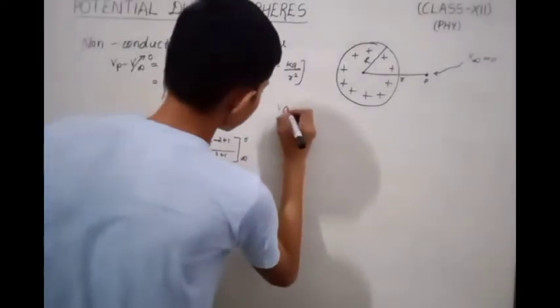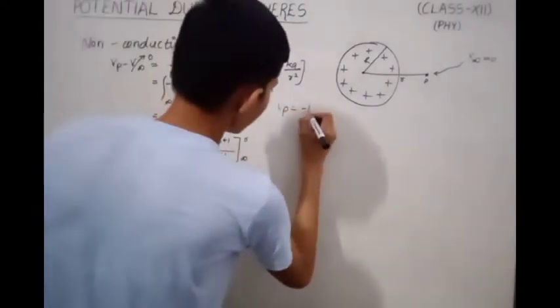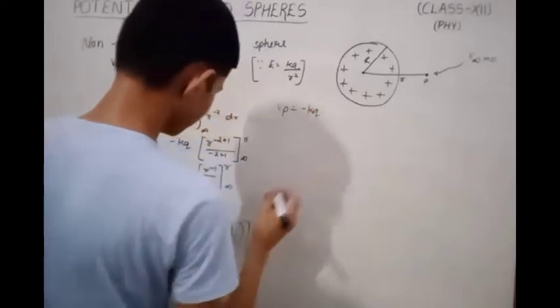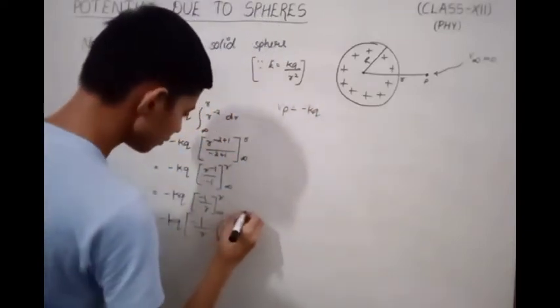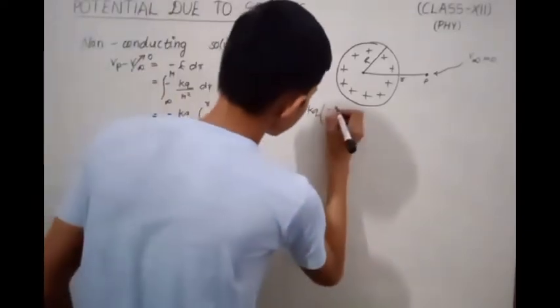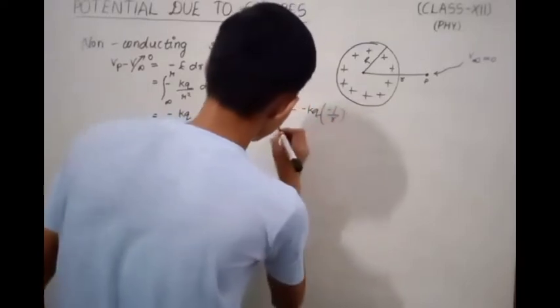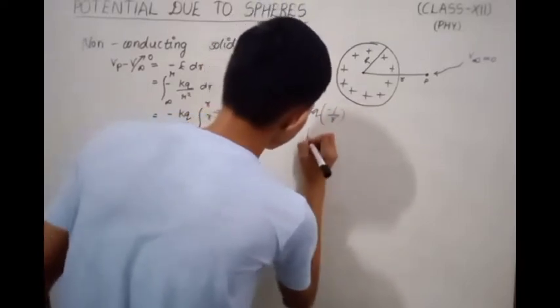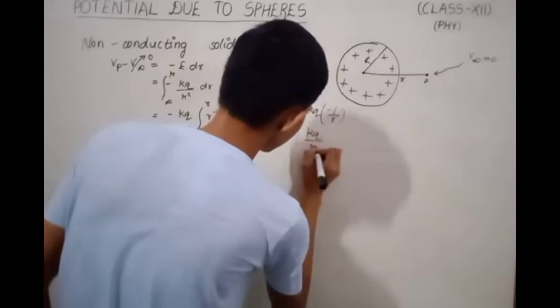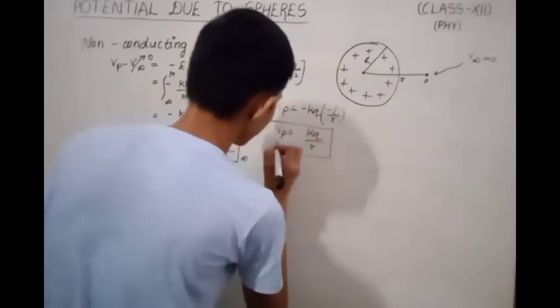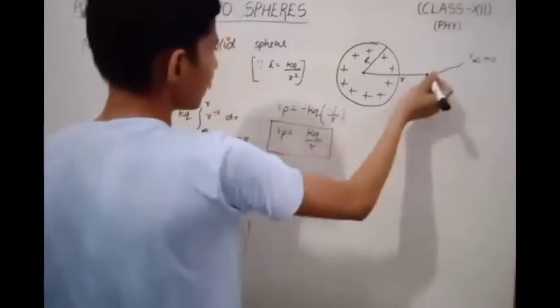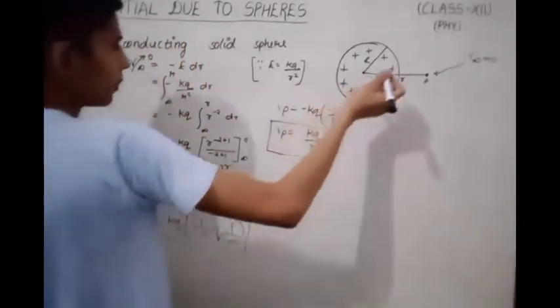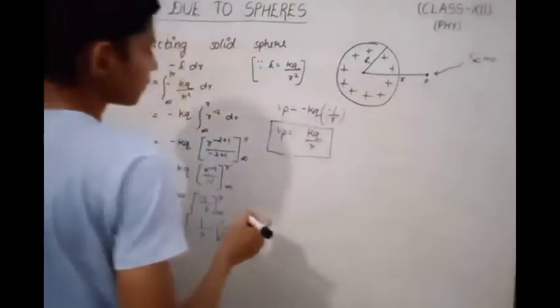Vp equals minus kq. This term becomes 0 and we are left with minus 1 by r. So Vp equals kq divided by r. This is the formula for finding the potential at the point P, which is at distance r from the center of the sphere.